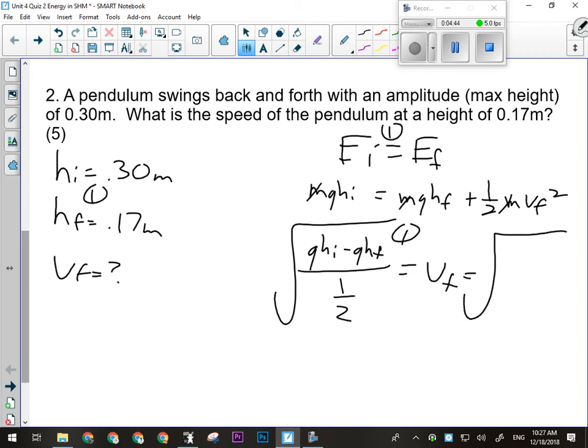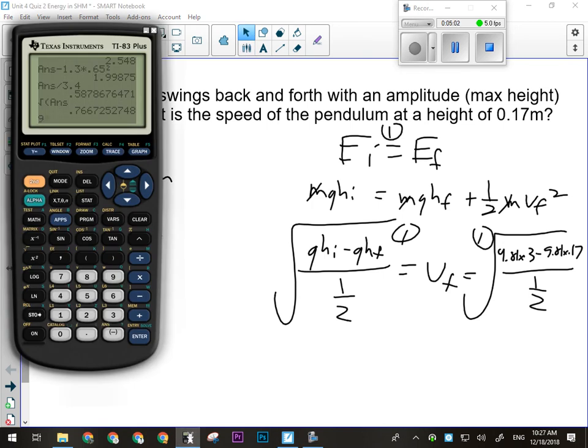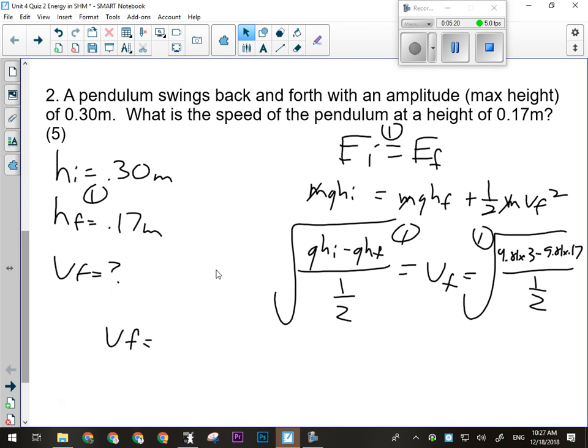Numbers plugged in: 9.81 times 0.3 minus 9.81 times 0.17, divided by 1/2. So a mark for that step. So we're looking at a speed here of 1.6 meters per second.